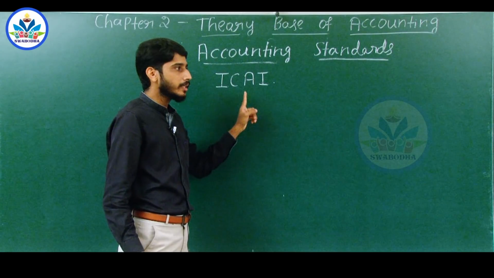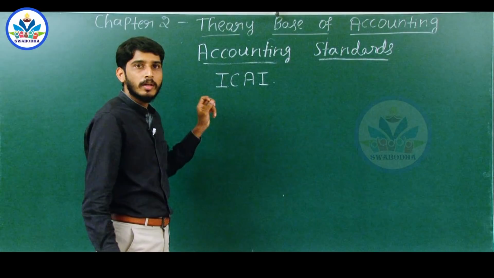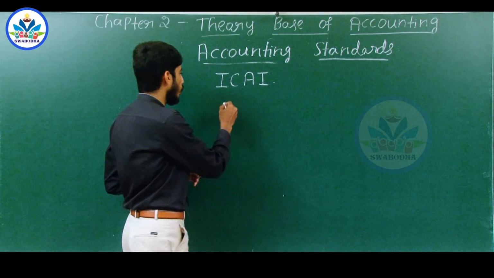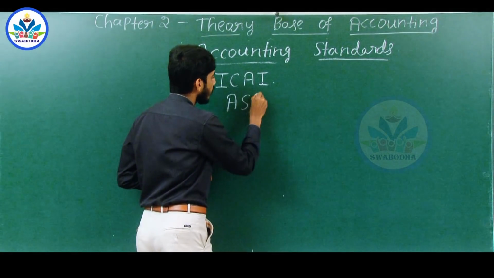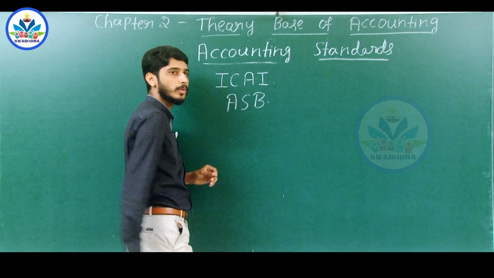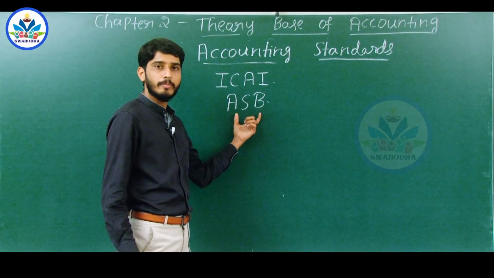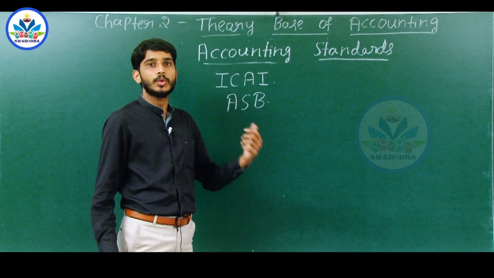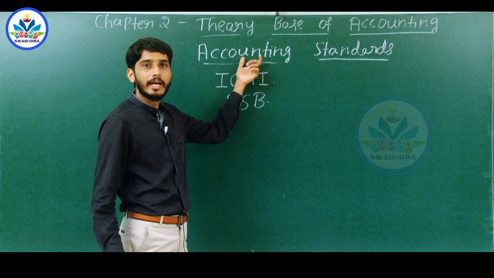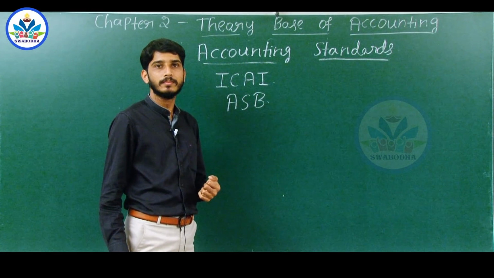The Institute of Chartered Accountants of India has established a board which is called as Accounting Standard Board. Now, this Accounting Standard Board has the authority or the power to issue the accounting standards related to accounting profession.